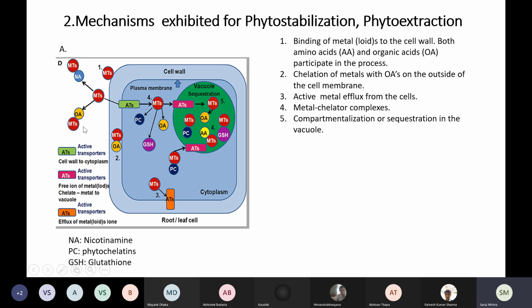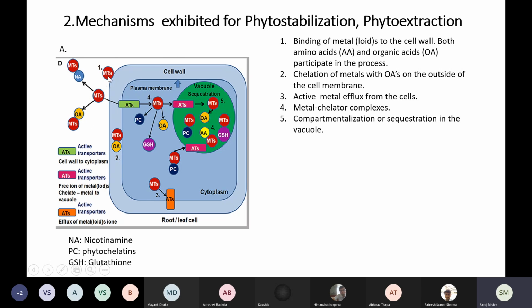Because these are negatively charged, if you look at organic acids like malate or citrate, for example, or fumarate, all of these are negatively charged in the soil, as a result of which they are able to bind to the positively charged metalloids, etc. So both nicotianamine or organic acids can participate in this process, and MT stands for metalloids.